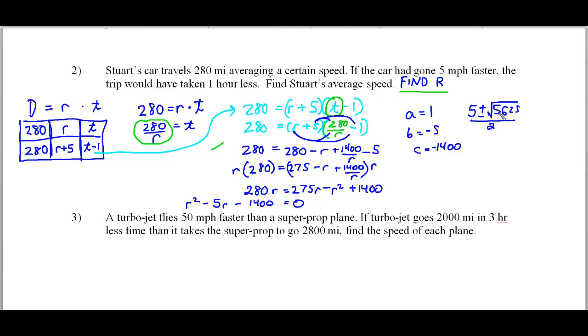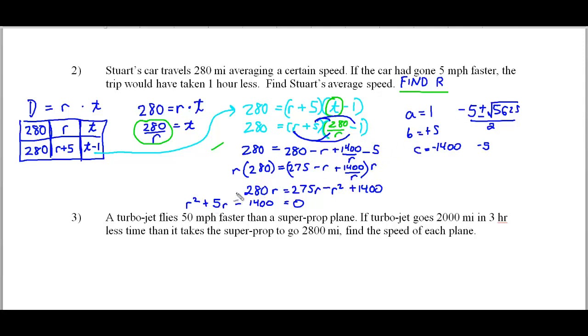Now, what's great about that is the square root of 5,625 is a perfect root of 75. So here I have 5. Oh, wait a second here. This should be a plus, which makes this a plus, and that's a negative. Sorry about that. A little fix there. Got to go back and fix that.